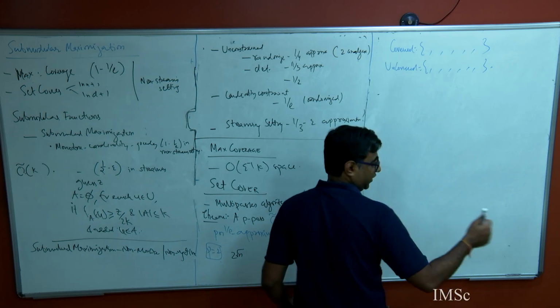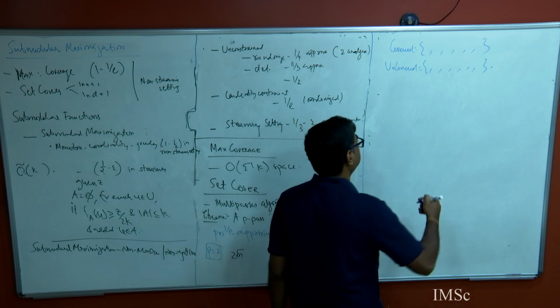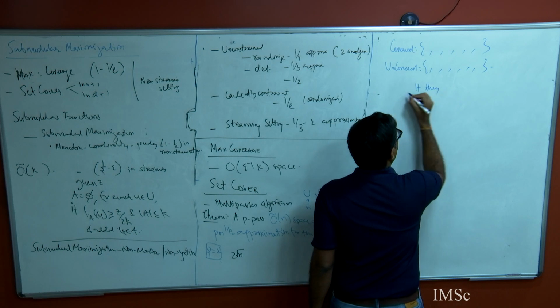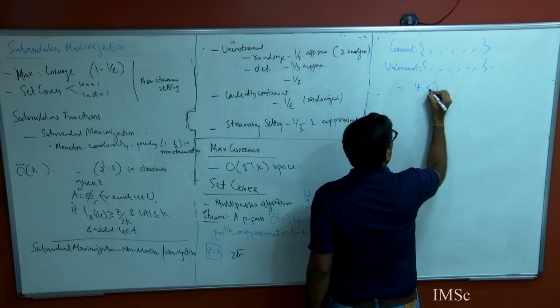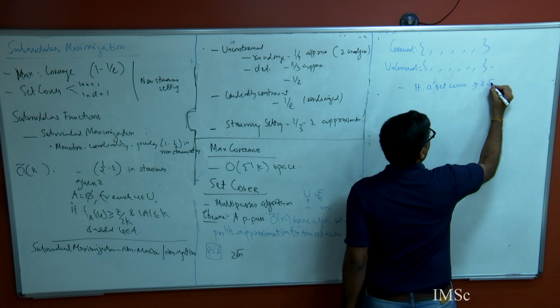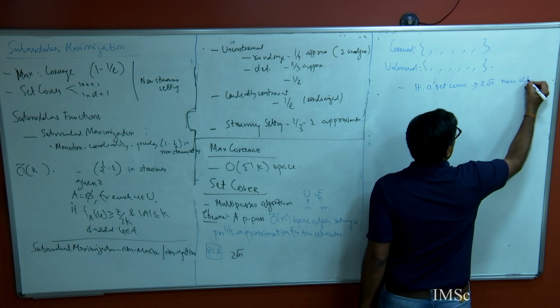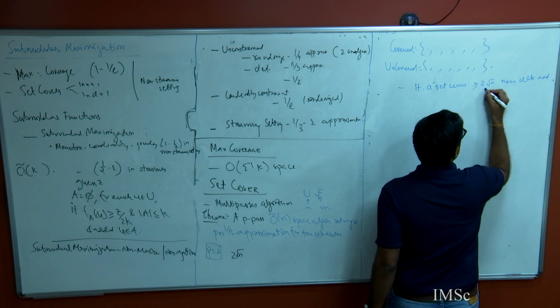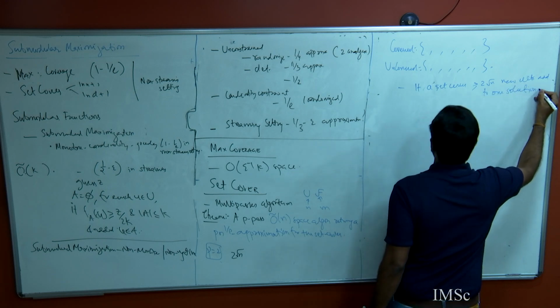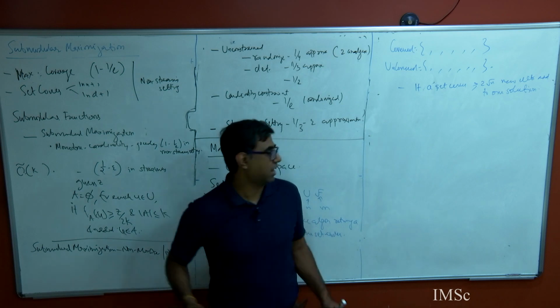So let's try to understand. Now sets are coming, and if a set covers at least 2 root n new elements, add it to our solution, otherwise do not add it.